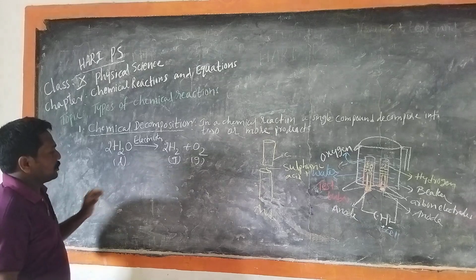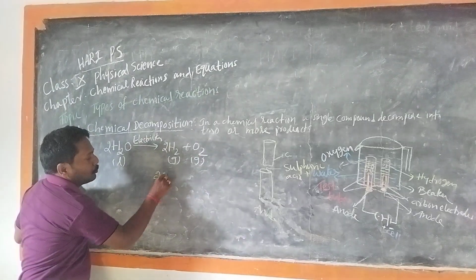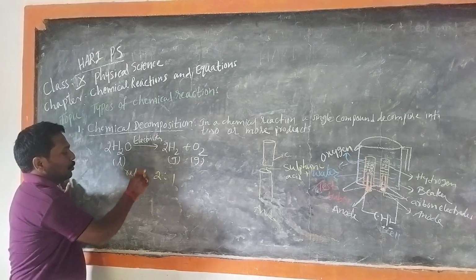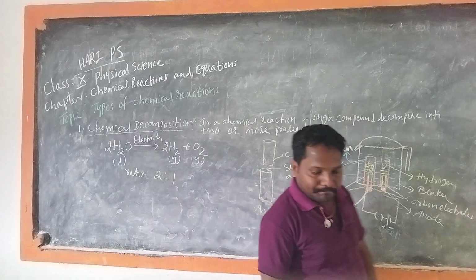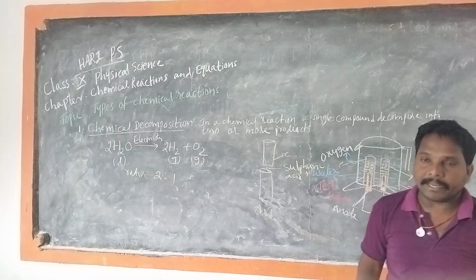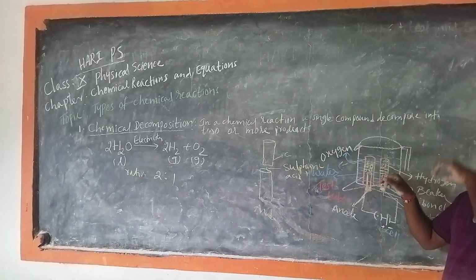So in this reaction, hydrogen and oxygen are formed in a 2:1 ratio. The hydrogen and oxygen are formed in a 2:1 ratio.